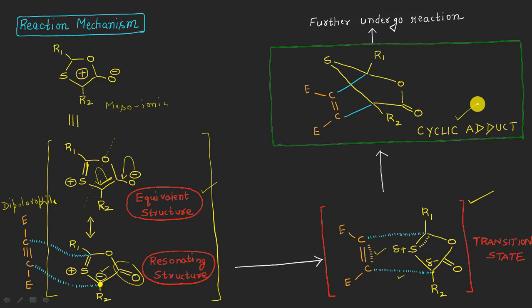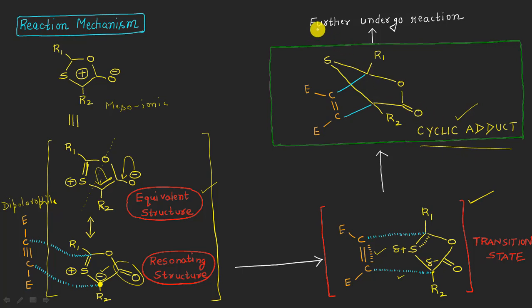So we have encountered such kinds of reactions and mechanisms in our previous lectures also, okay? And the only thing here to understand is how to decide whether the reaction will stop here at this cyclic adduct stage, or whether it will go further, removing some simpler molecules like CO2, giving some other type of product, right?